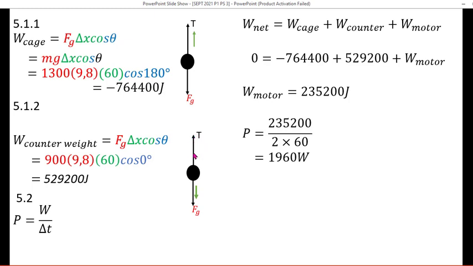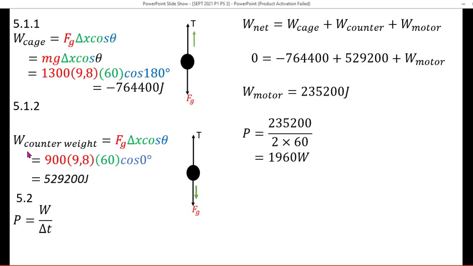We see the tension up for the counterweight, and the weight of the counterweight is downward. But here the displacement, or the motion of the counterweight, is downward, in the same direction as the gravitational force. So what has changed is that the angle between the displacement and the gravitational force is going to be 0 degrees, because they are in the same direction.